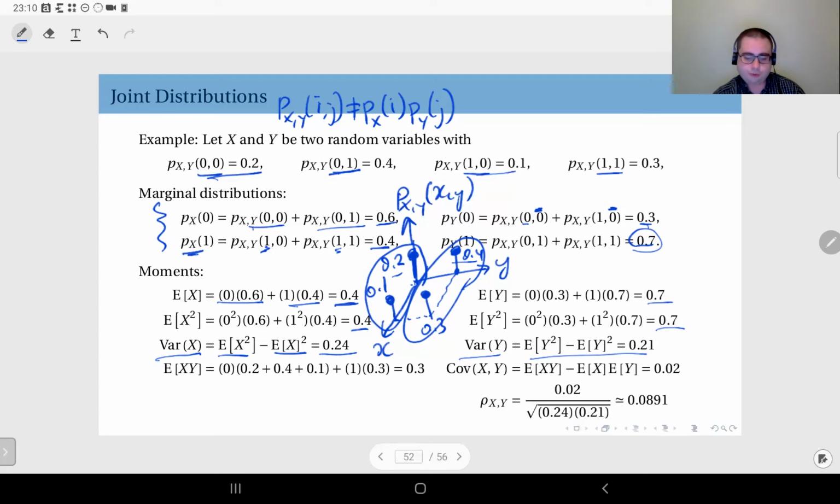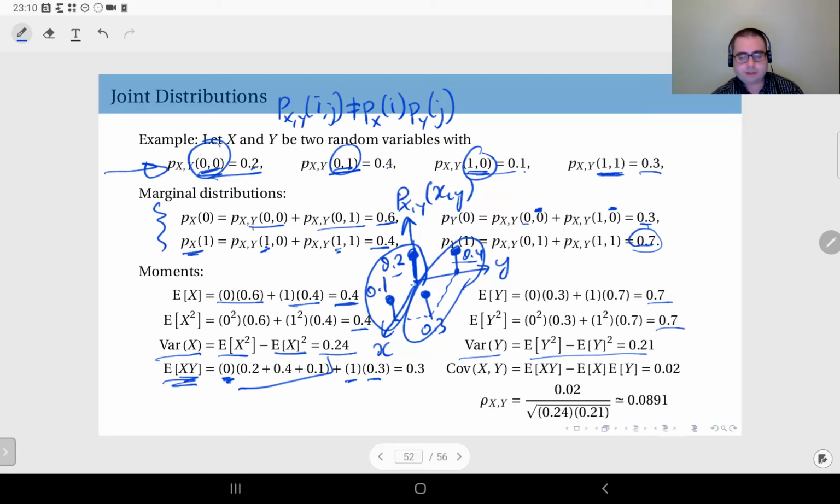And using the joint distribution here, I can compute the correlation. You see, in these outcomes, the product of x and y is 0: 0 times 0, 0 times 1, 1 times 0, all 0. So 0 times 0.2, 0.4, 0.1, this term is going to be 0. And the product is 1 here times 0.3 probability. So 0.3 is the correlation between the two.